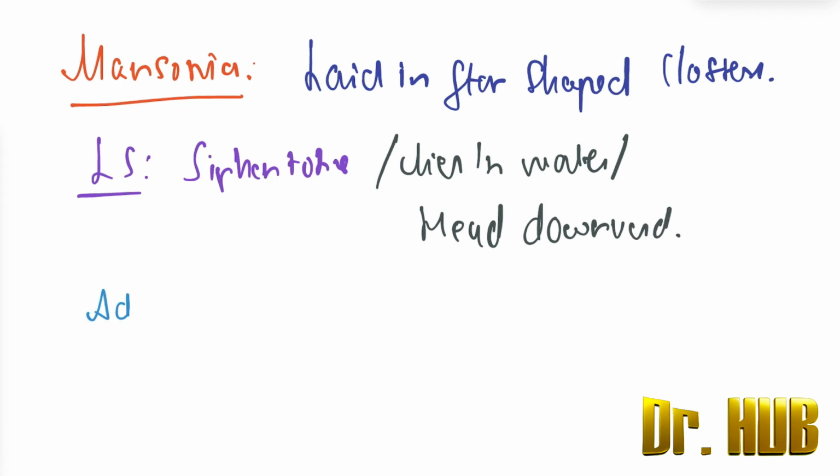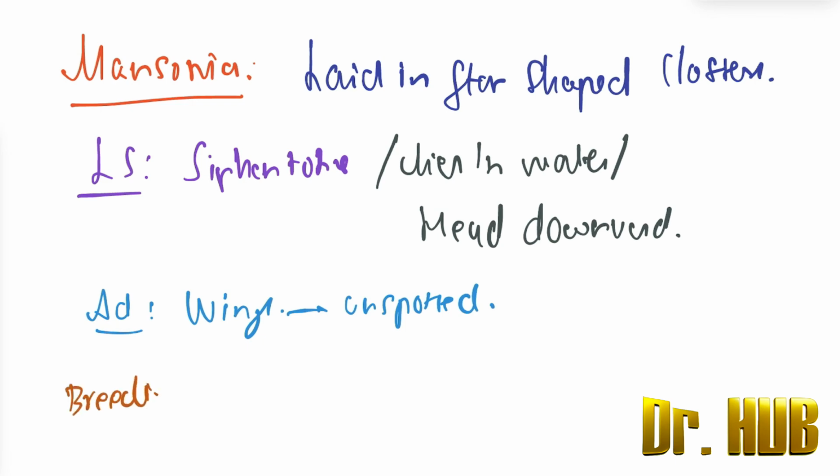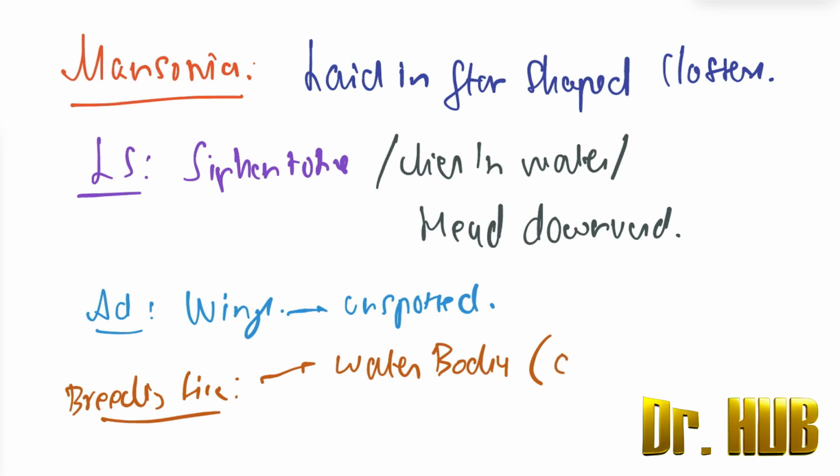Then looking at adults, the wings are unspotted, but they are spotted in the case of Anopheles. Then let's look at the breeding sites. The breeding sites are water bodies containing aquatic vegetation.